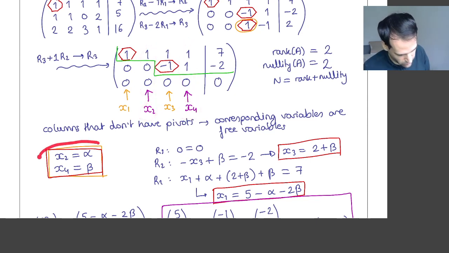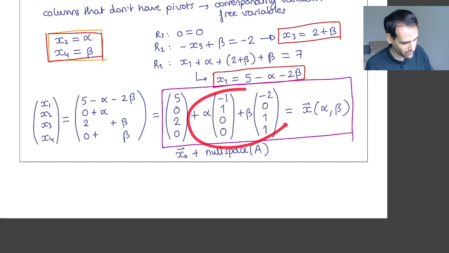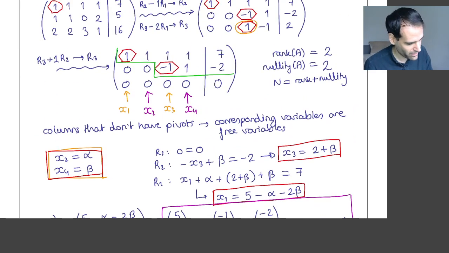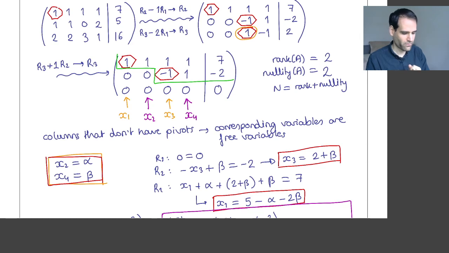We turn those variables into parameters, alpha and beta, and those are the parameters that appear in the null space. So the number of columns without a pivot form the free parameters, the degrees of freedom of the solution, and that's equal to the dimensions of the null space. So that's why the nullity is equal to the columns without a pivot.